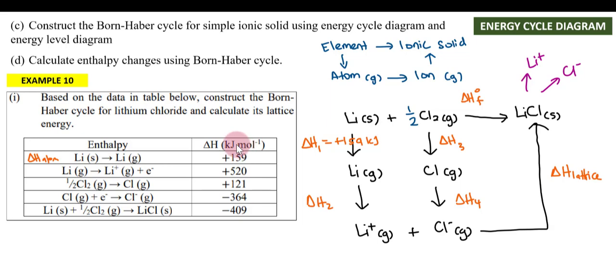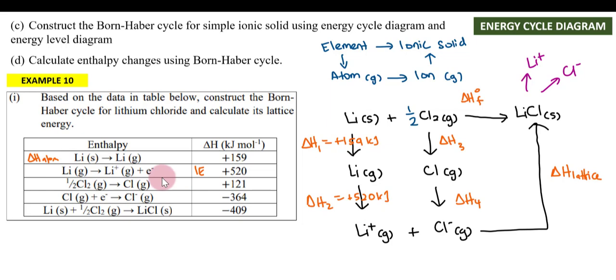Even though here we got kilojoule per mole, in the cycle just leave it in kilojoule. So we have the atomization of lithium, and then lithium gas to lithium plus gas. This one is the ionization energy of lithium, which is positive 520 kilojoules.